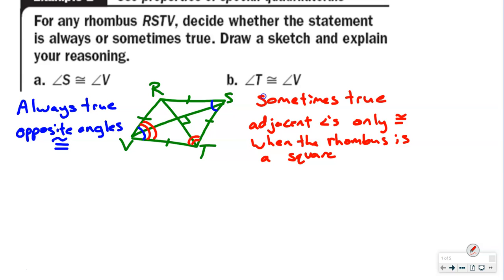So it would have to be a square for those angles to be congruent. So those angles would have to be 90 degrees. Because remember, a square is always a rectangle. It is always a rhombus, but a rhombus is not always a square. And so for those to be congruent, it would have to be a square. So it is sometimes true.